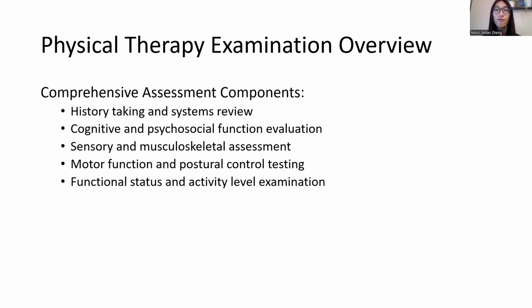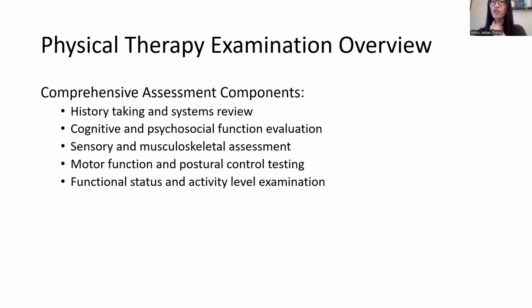A comprehensive physical therapy examination for Parkinson's disease requires systematic assessment across multiple domains. We begin with thorough history taking and systems review to understand the patient's unique presentation and stage of disease. Cognitive and psychosocial function evaluation is crucial because these non-motor symptoms significantly impact treatment outcomes.